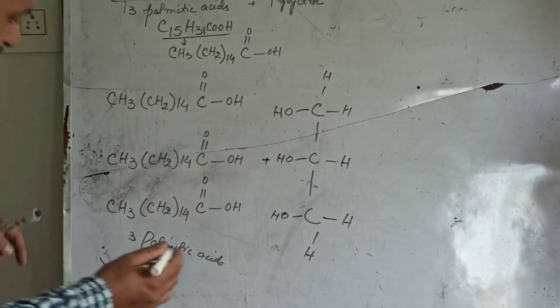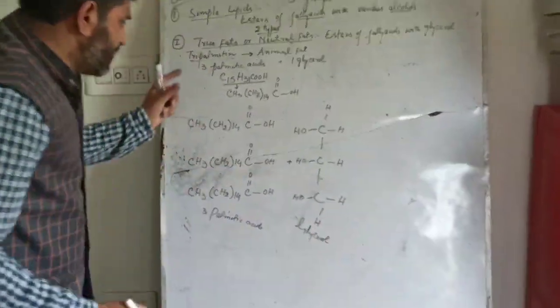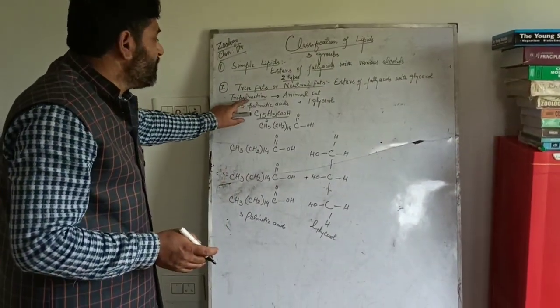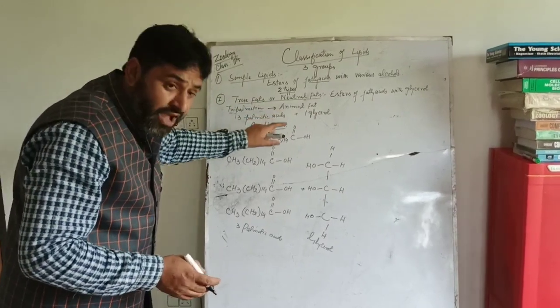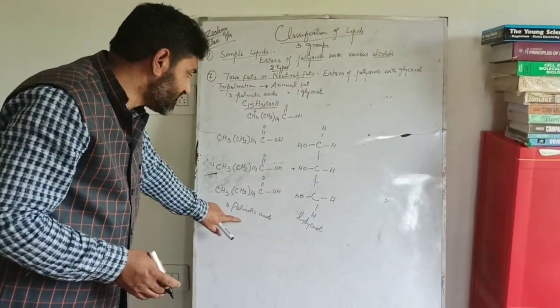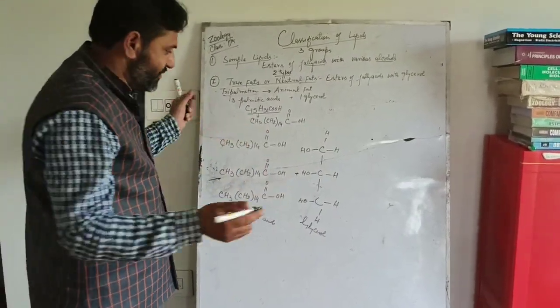This is the glycerol molecule. So here we are describing the structure of tripalmitin, which is an animal fat, and it is made up of 3 palmitic acids, 3 fatty acids, and 1 glycerol molecule.